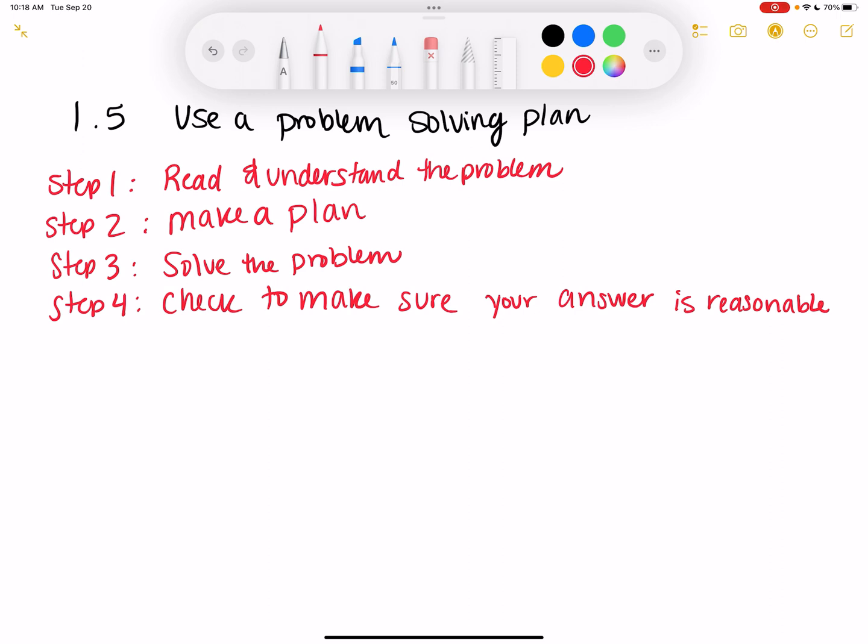All right, and then we have a few important formulas to be aware of that we'll use when solving these problems.